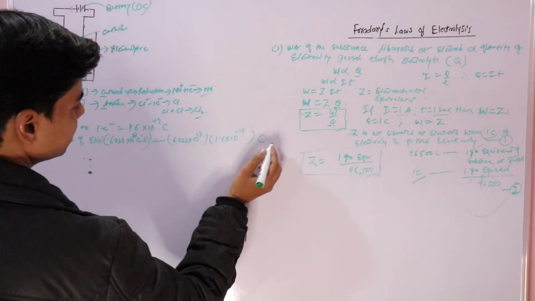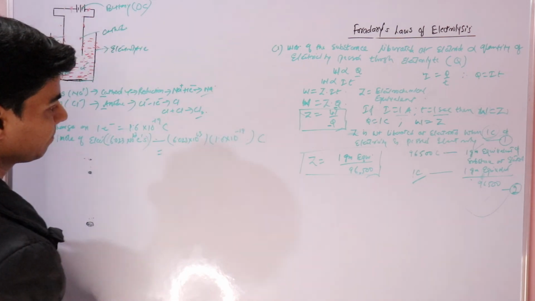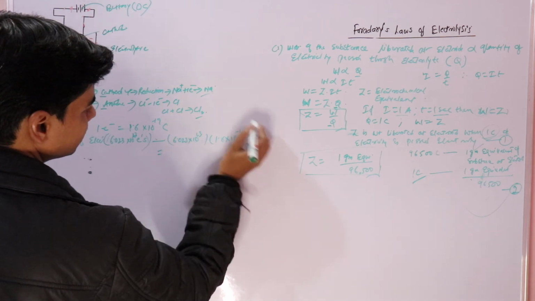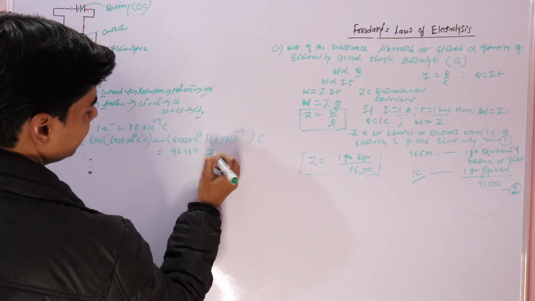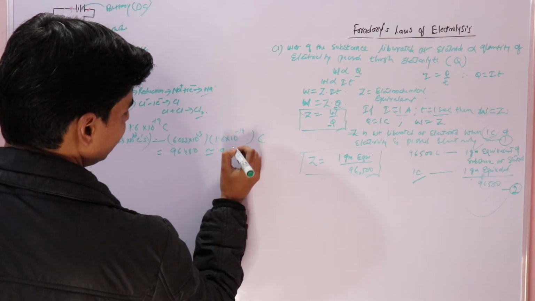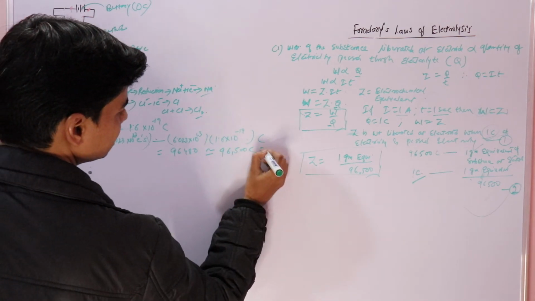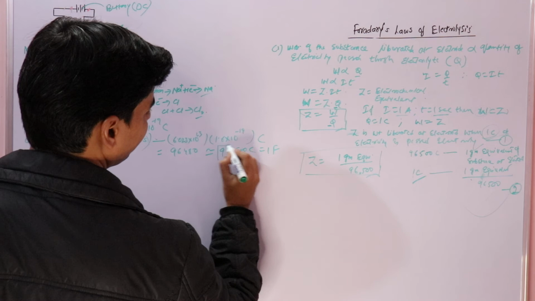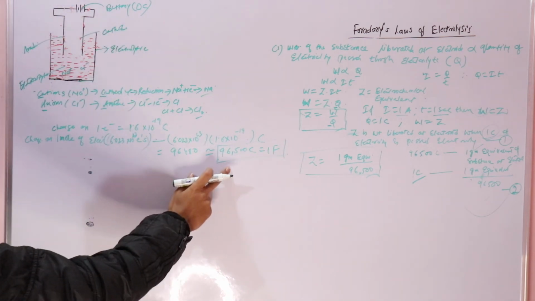This much charge we have on 1 mole of electrons. So this will come out to be 96,440. Then approximately we will take it as 96,500 coulombs, and this is equal to 1 Faraday.